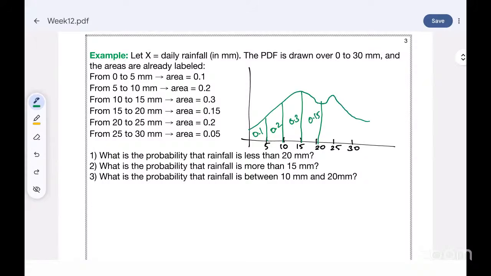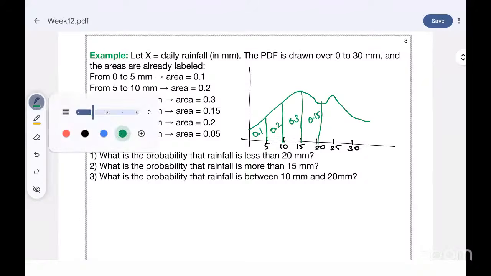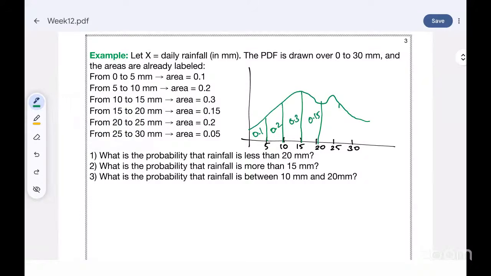Something like this. I'm just trying to match with the values, so it's not something very specific, just to make sense of the values. It should go down here because there is very little, so here let's say it's 0.05. Okay, a rough approximate graph.